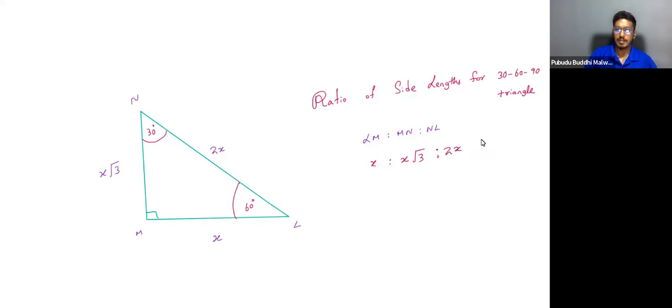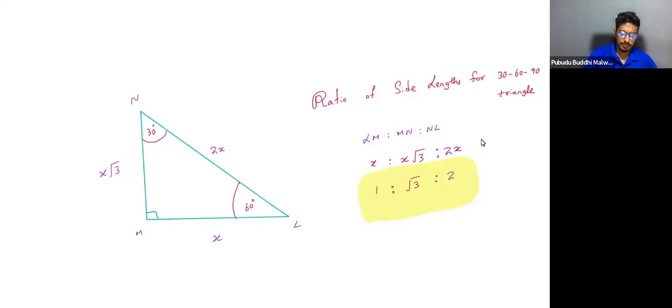I'm going to divide the entire thing by x because I just need that ratio. If I divide all of these parts by x, I'll get something like this, because x is going to cancel. That's not the important part. The most important part is actually this ratio, because we can use that.